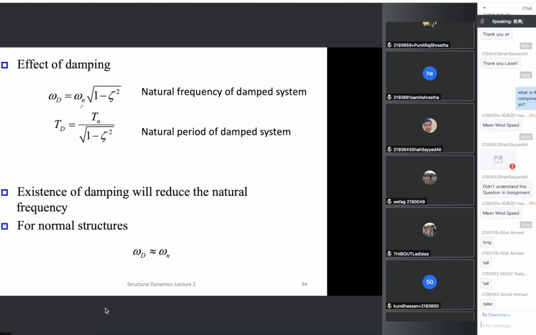You can see omega d equals omega n times the square root of 1 minus zeta squared. This means if you are going to measure a structure's vibration, you have a time history, you measure the free vibration of the system, which decays, and from this peak to this peak, the time is Tn. Is this time Tn?